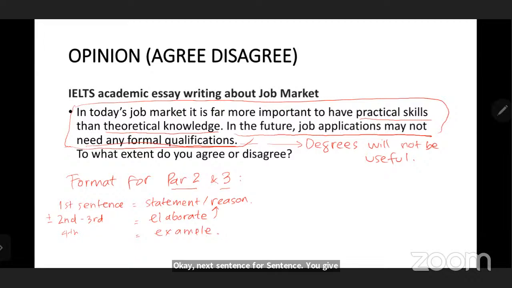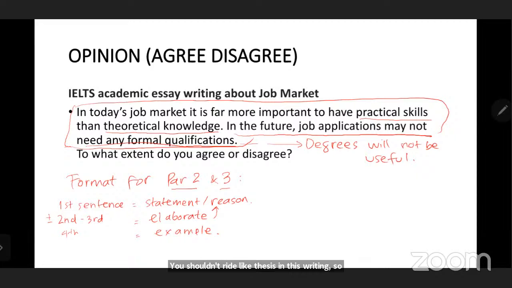Example can be something that you can see daily. It can be something that you experience. It can be something that you can logically predict to happen. Okay? You shouldn't write like a thesis in this writing.